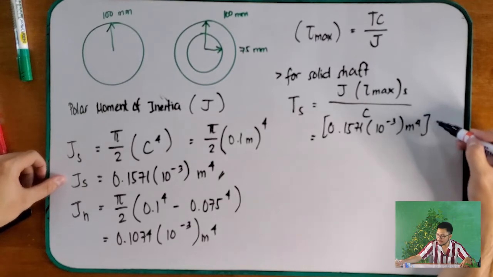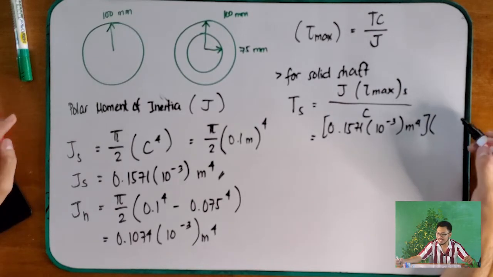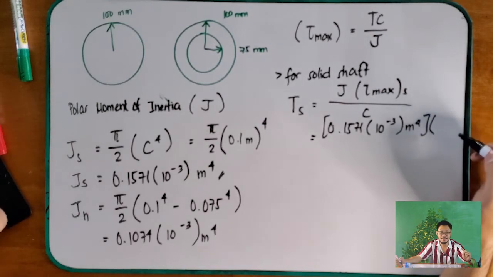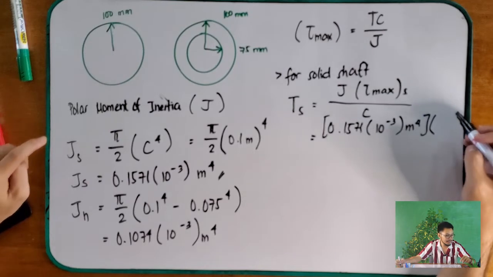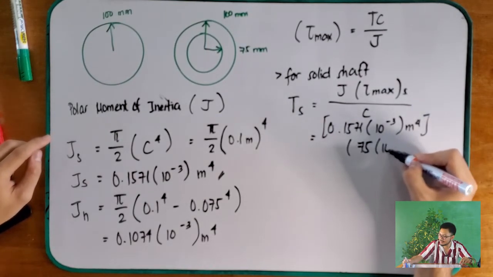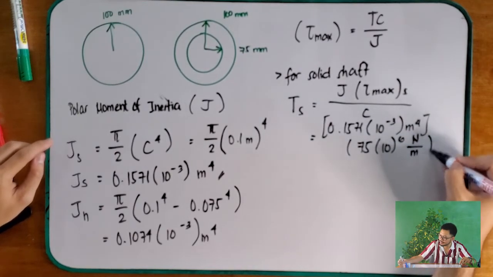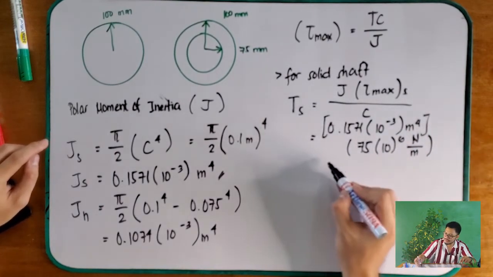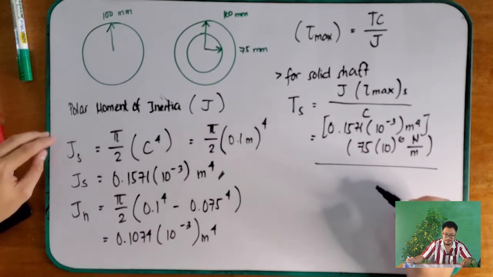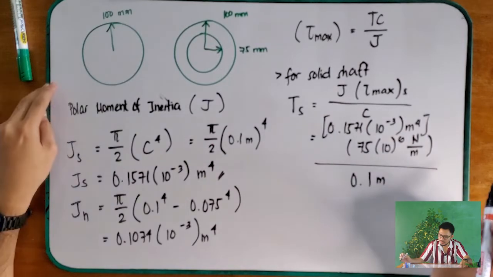And then your maximum allowable shear stress, that is 75 megapascals. Unsa man na, dapat ato siya himong newton per meter squared. So that is 75 times 10 to the power of 6 newton per meter squared. Right? Divided by your C. Unsa imong C? 0.1 meter.